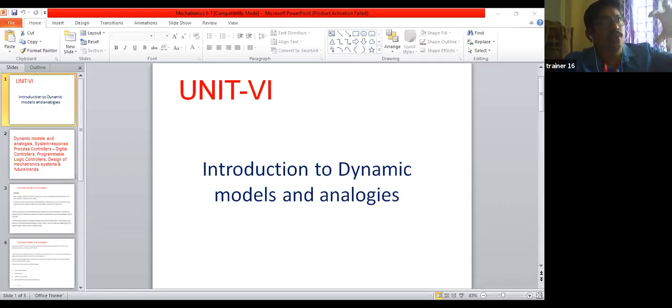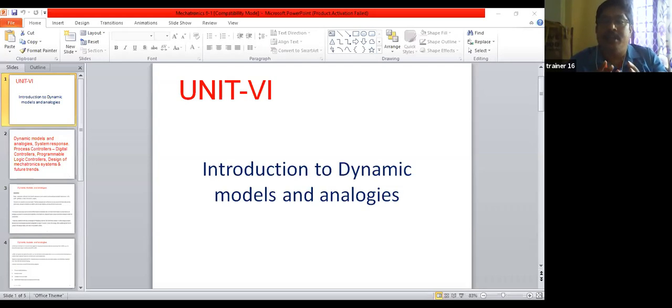Mechatronics is nothing but a mingling of mechanical, electrical and electronics, and computer based information systems. In unit one, we studied various sensors and transducers, and in the second unit, solid state electronic components.